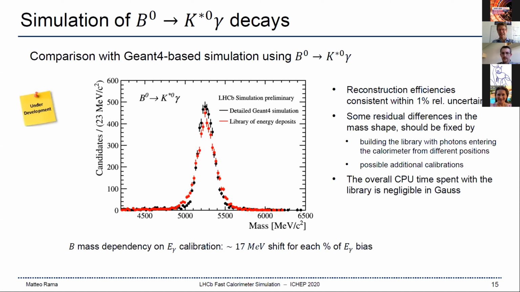But as you can see from this comparison, this is not enough. One other possibility that we have in mind, maybe on top of the one that I mentioned, is to apply some corrections or some calibration to correct for this dependence on the position within the cell. These are all things that we still have to fully investigate. But yes, it's a good point. It's something that we have to face too.